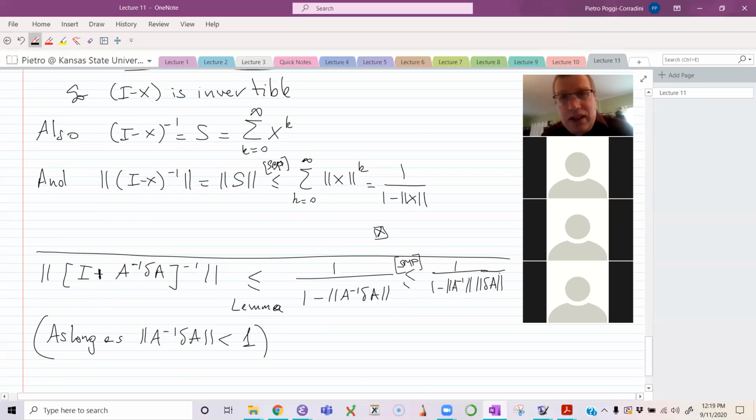The way I like to think about this when I do these kinds of estimates is if I have a quantity that's in the denominator, the estimate will go in the opposite direction. But if I have something in the denominator with a negative sign in front, then the estimate goes in the regular direction. If you didn't have anything here, you just had this norm, then the submultiplicative property would tell you that this is less than the product of the norms.